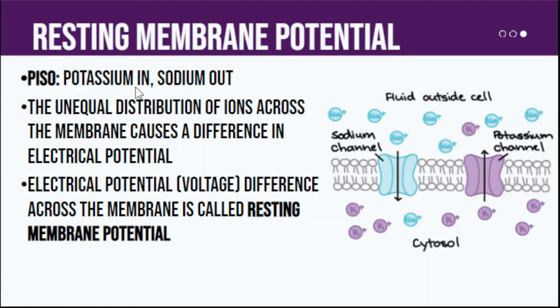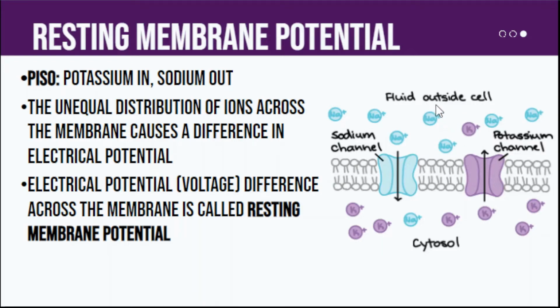Now, because of this difference in the distribution of ions, it creates a difference in electrical potential. How did that happen? Notice that your ions have charges. They are both positive, sodium and potassium. But I want you to remember that sodium is more positive compared to your potassium. Okay?